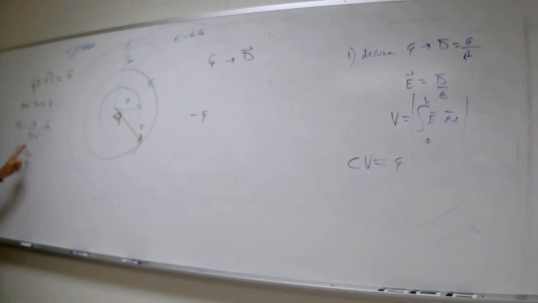Y'all follow me? So when you divide by epsilon, it may not be 1 over r squared. It could be 1 over r, or 1 over r cubed. I could make it any function of radial distance as long as it was spherically symmetric, just a function of r. Follow me on this? So if epsilon is constant, this is Q over 4 pi epsilon r squared.